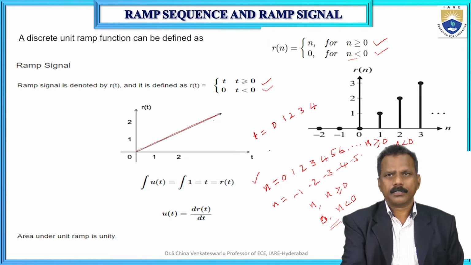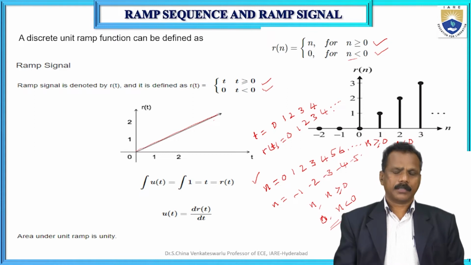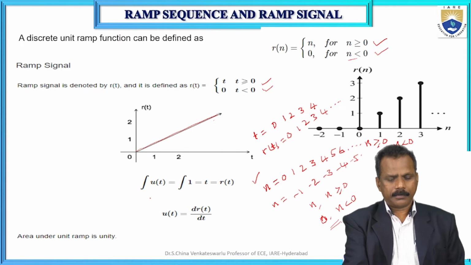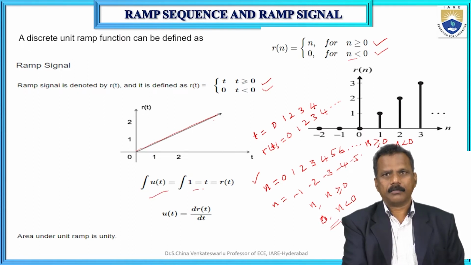So r of t starts from the origin 0, then 1, 2, 3, 4 and so on, for t greater than or equal to 0, and 0 for t less than 0. Using this condition, the integral of u of t equals the integral of 1, which is equal to r of t.